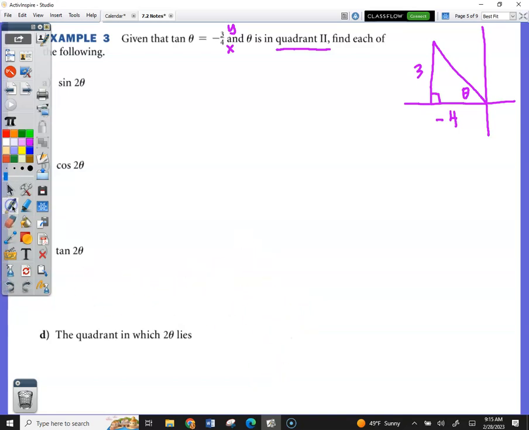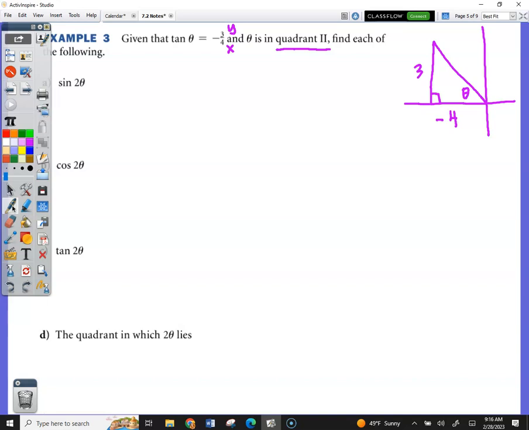Okay, so we've drawn our triangle based on the trig function given. We've labeled the negative as needed. We need to know the hypotenuse because we're fixing to have to evaluate these trig values over here. So this is where the Pythagorean theorem comes in, although you really don't need it here. It's a 3, 4, 5 triangle.